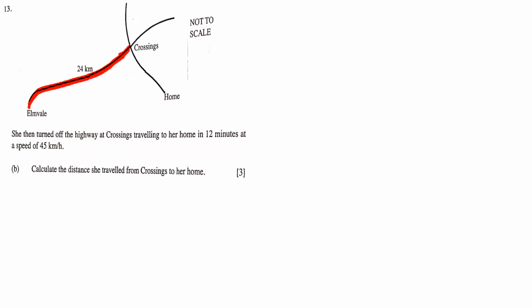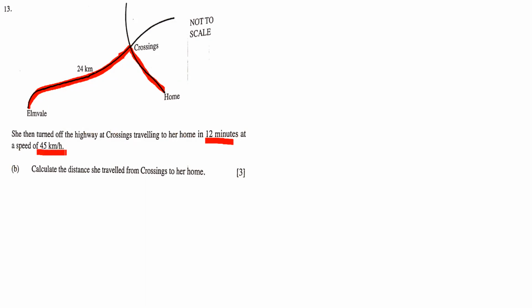So she's traveling from Elm Valley or Elmvale to crossing, and it says she turned off at crossing to travel to her home, right? So this is crossing, and she turned off there, and she traveled to her home in 12 minutes. Okay. At a speed of what?